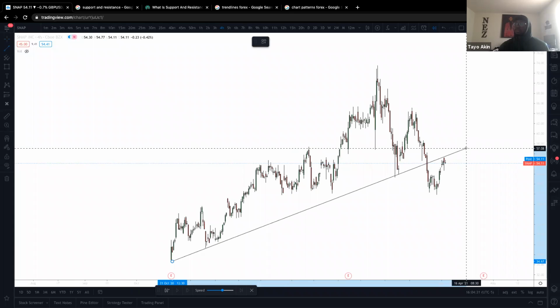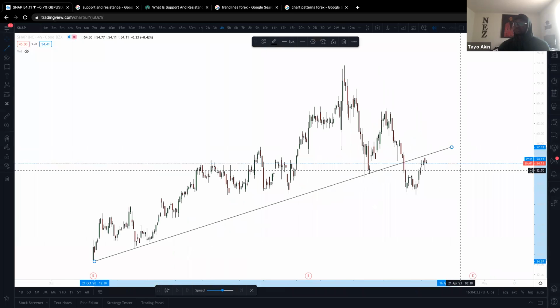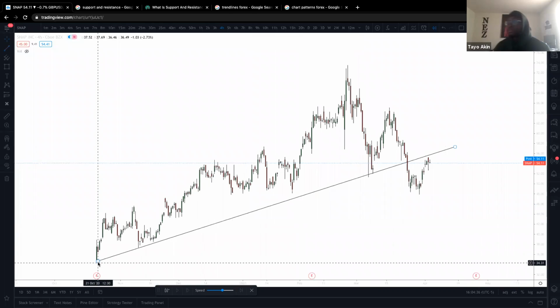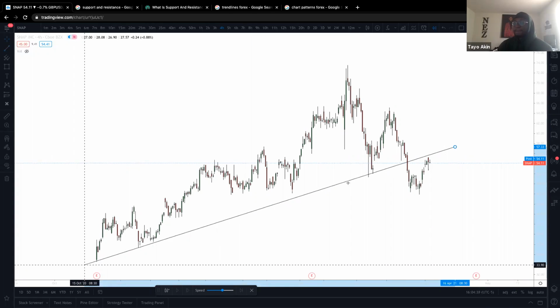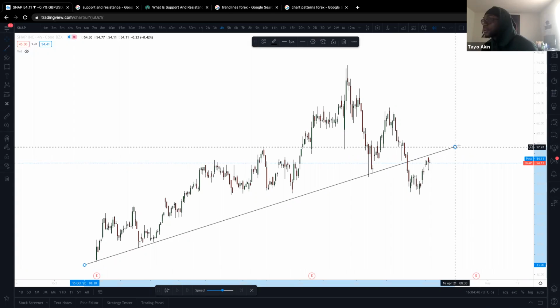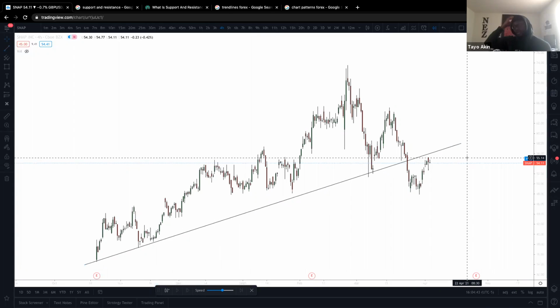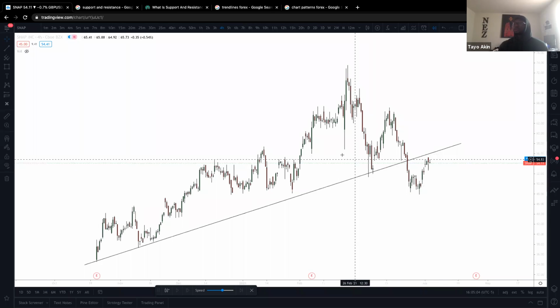Okay, so let me do this a little bit more to find out. Right there. So as you can see here, how do I put this? When you learn market structure in week 2, you're going to see why you would sell Snapchat around this area.